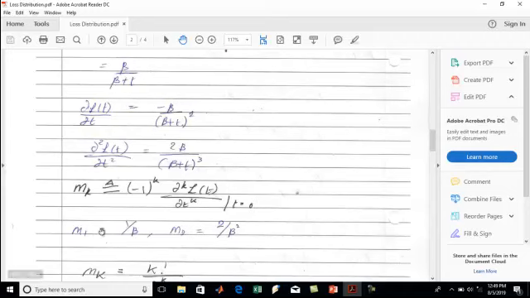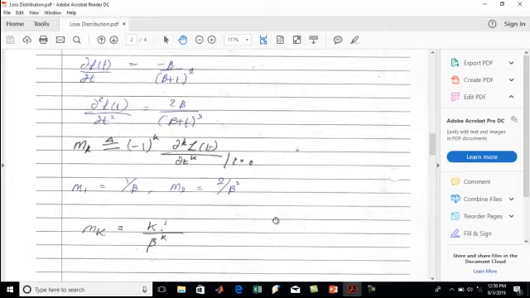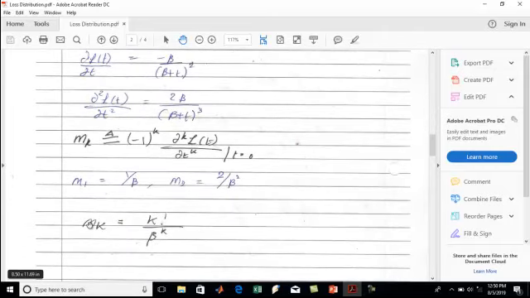So you can easily show that the first moment is 1 over beta and the second one is 2 over beta squared. So you get the general formula of the moments of an exponential distribution to be k factorial over beta power k.